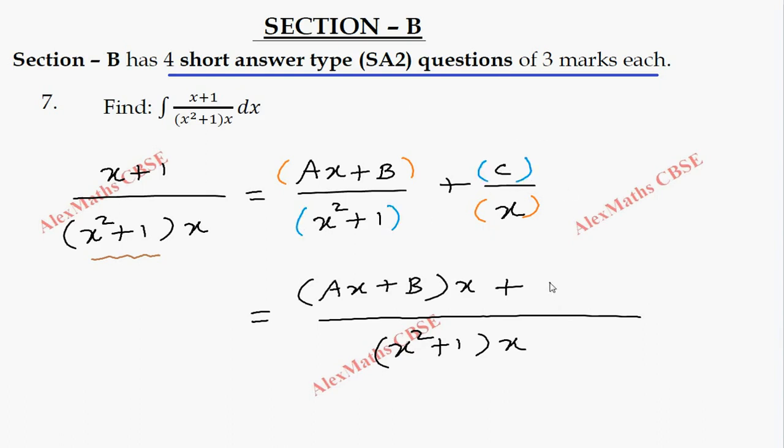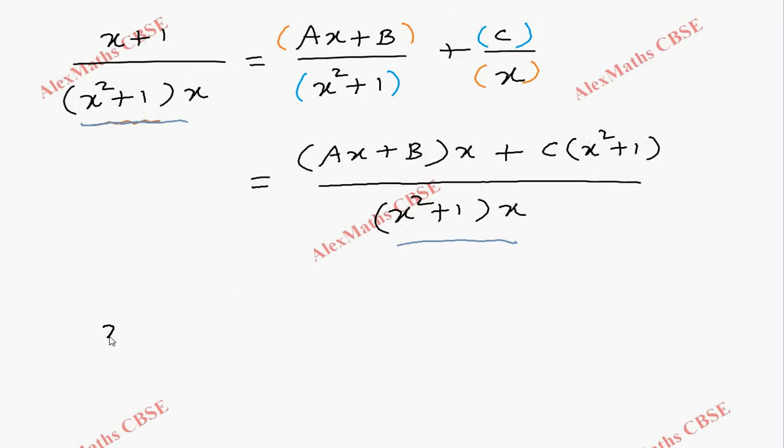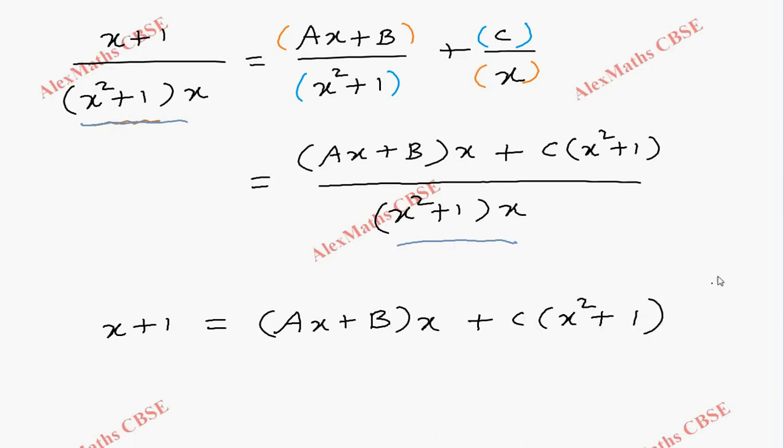So here it is c into x square plus 1. Now both the sides we have same denominator, so we are going to equate the numerator. So we get x plus 1 equal to ax plus b into x plus c into x square plus 1.